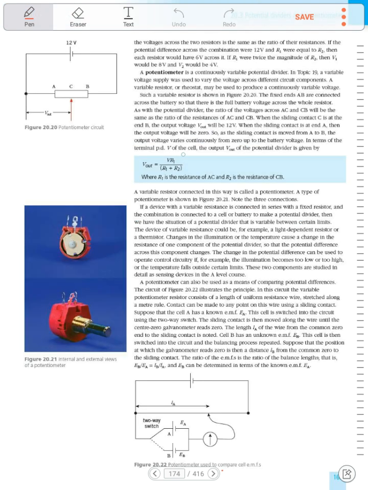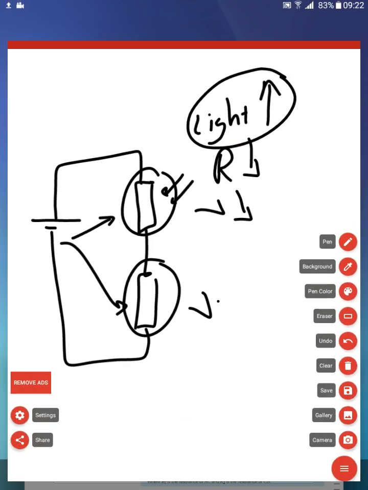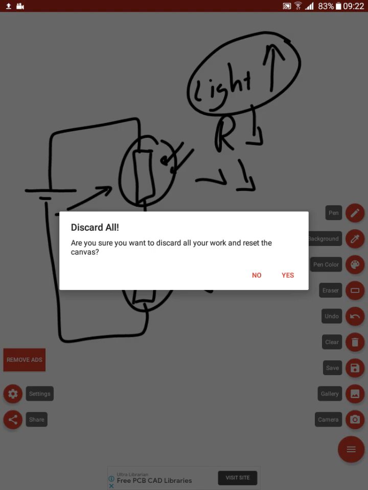How can I find the value of the output voltage from the circuit? We can use this relation, which is V equals R1 over R1 plus R2. Let's see how we can use this relation.